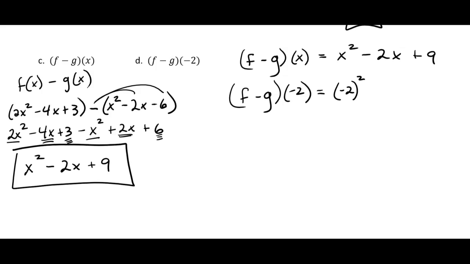Make sure you put parentheses around that negative 2. So again, I'm replacing both of the x's in the function with negative 2. So I get 4. Negative 2 squared is 4. And then it's going to be negative 2 times negative 2, which is plus 4, plus 9. So 8 plus 9, I'm going to get 17 here.